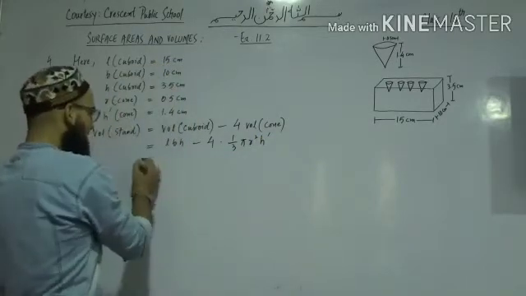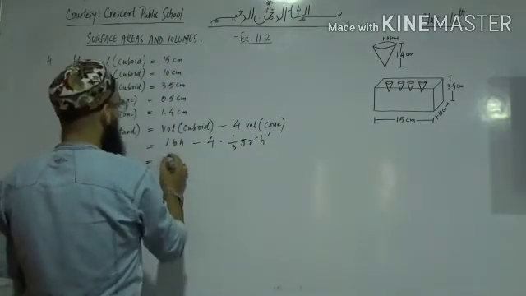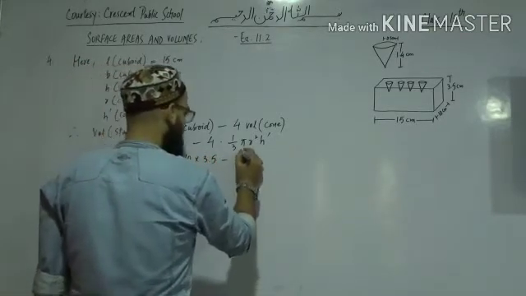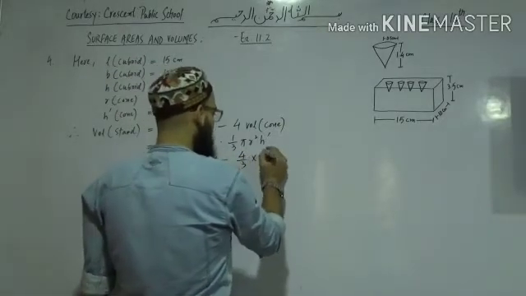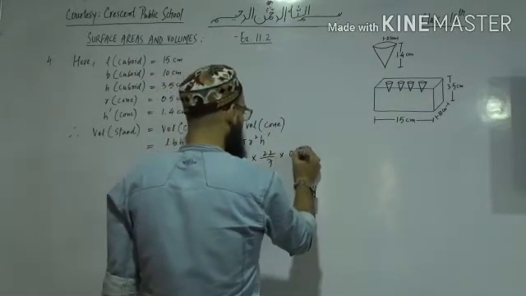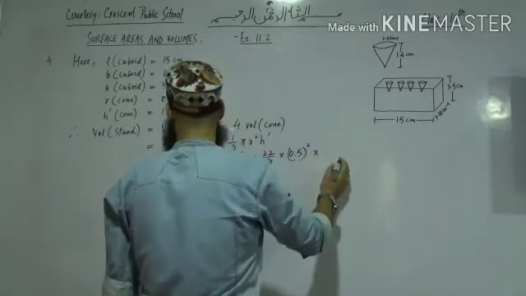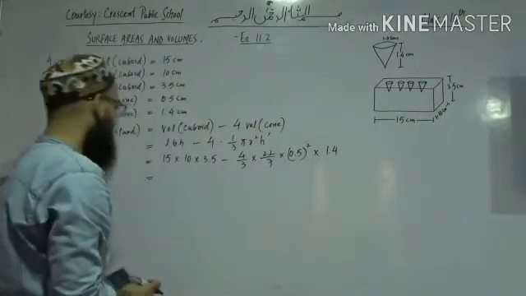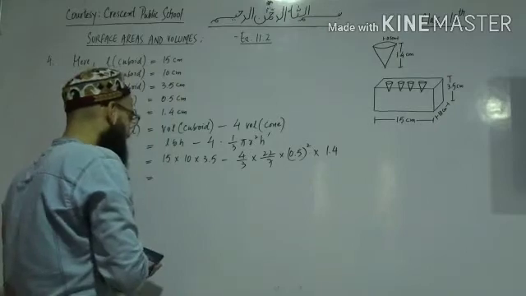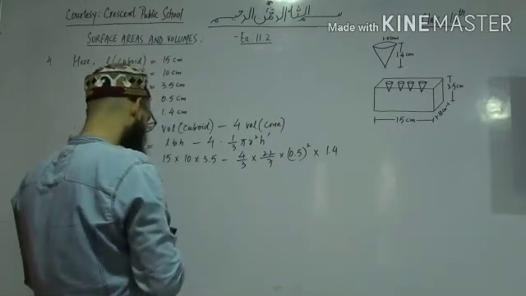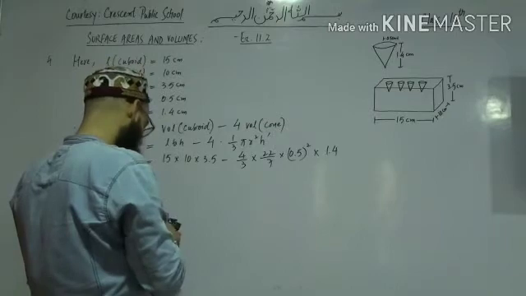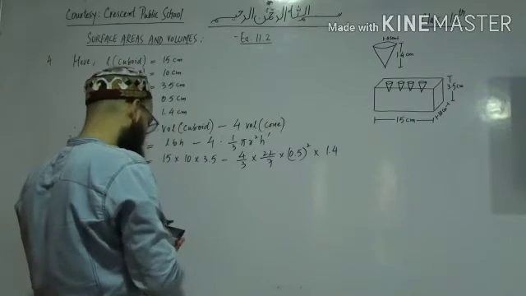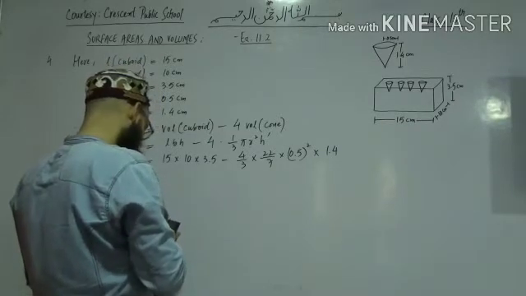Now this is h dash. Then you go 15 times 10 times 3.5, then minus 4 by 3 times 22 by 7 times 0.5 square times h dash, which is 1.4. Now let us solve this. You'll get 4 times 22 times 0.5 times 0.5 times 1.4 divided by 21.